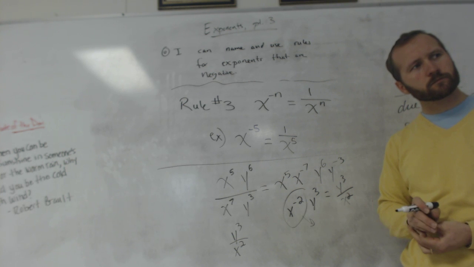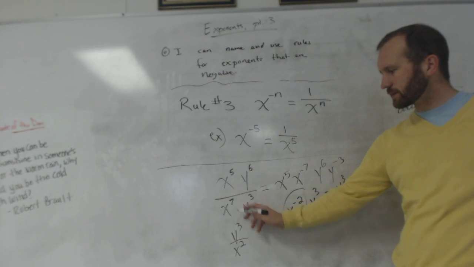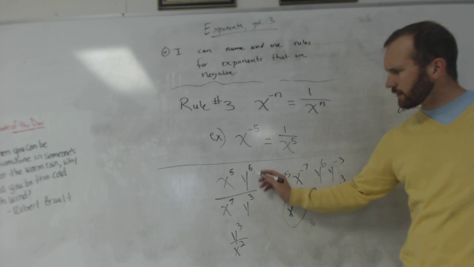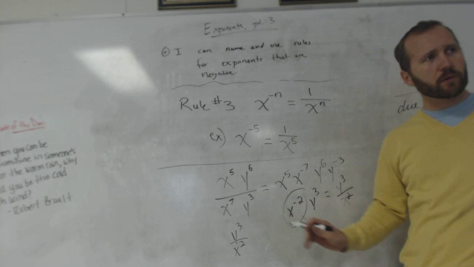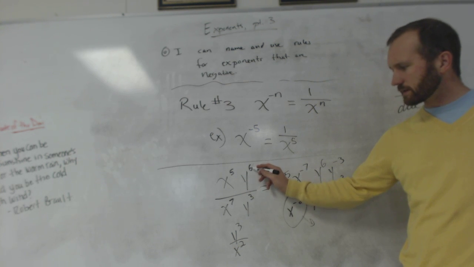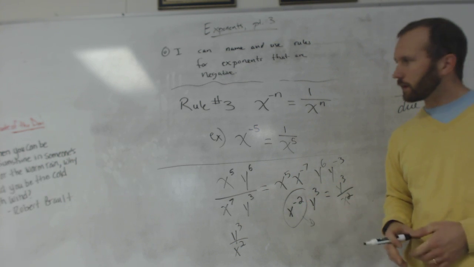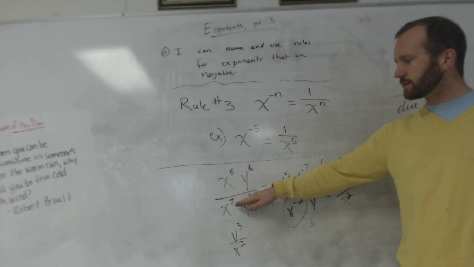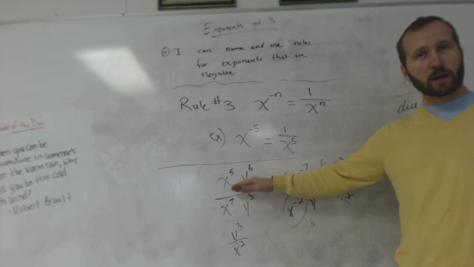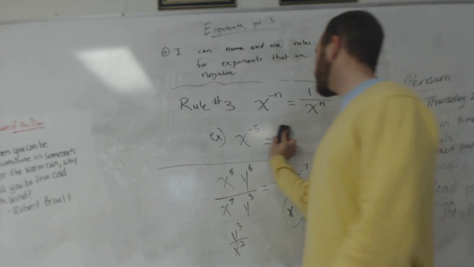So I take the 5 and subtract that from 7 to get 2, right? But then did I take 6 and subtract that from 3? No, you took 3 from 6. I took these 3 away from this 6, right? Do you guys see that? Because these fractions are really negative exponents, I'm just subtracting my exponents.